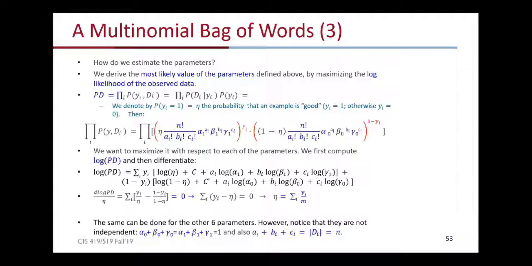All this part and this part disappears. All I'm going to get is y_i over eta from here, minus 1 minus y_i over 1 minus eta from here. If this is 0, it's very easy to isolate and get that this is eta.